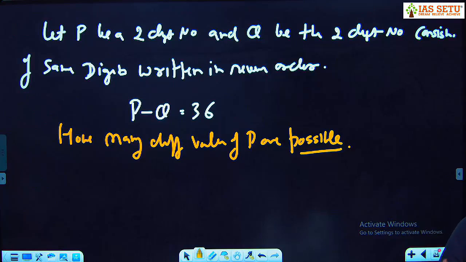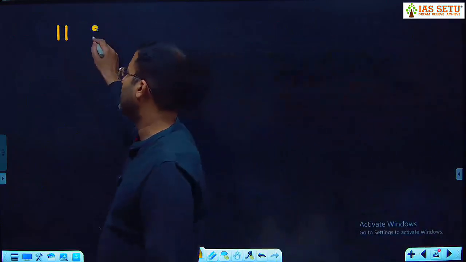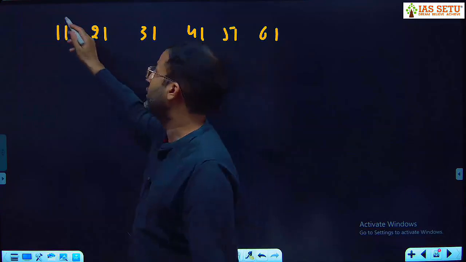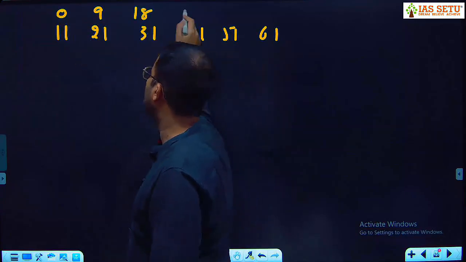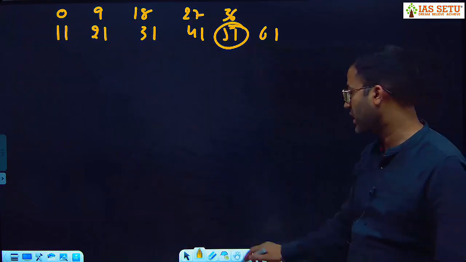See, one thing is, are you able to observe the differences 0, 9 or multiples of 9? Second thing, are you able to understand the question? P is given, Q is its reverse, P minus Q should come to 36, and how many values of P are possible? How can we find it? Step number 1, you take the first values 11, 21, 31, 41, 51, 61. Here the differences are 0, 9, 18, 27, 36. 51 is the first number which helps you.